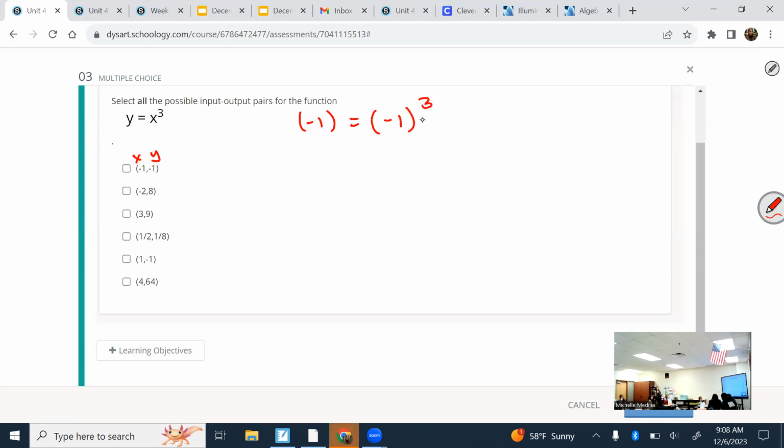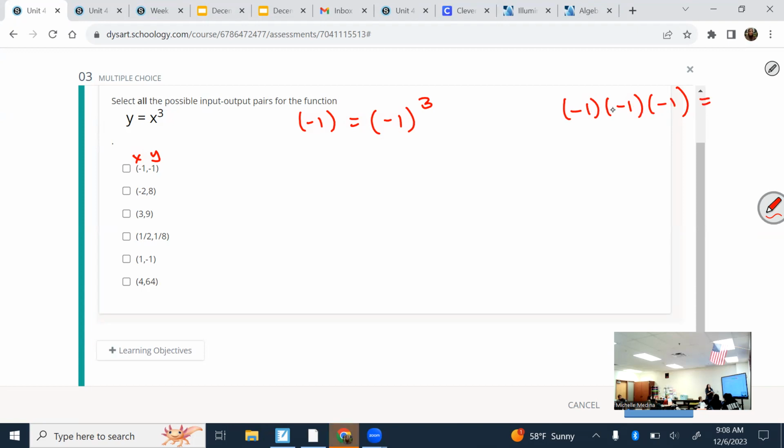Now, when you are cubing something, what are you actually doing? Okay, good. Exponents tell you to multiply the base by itself that many times. So really, this is me multiplying -1 by -1 times -1.